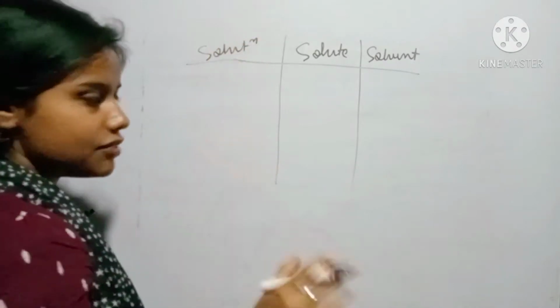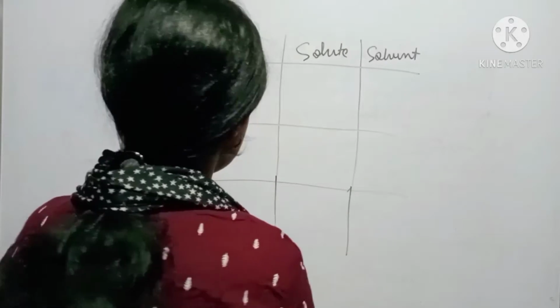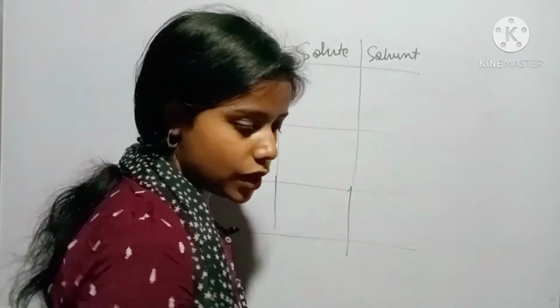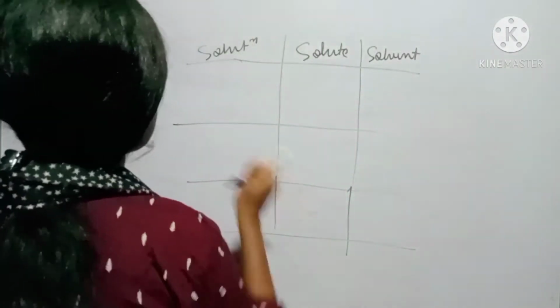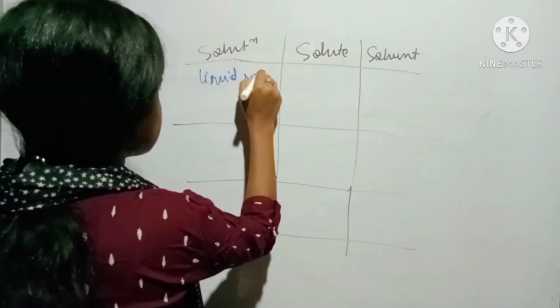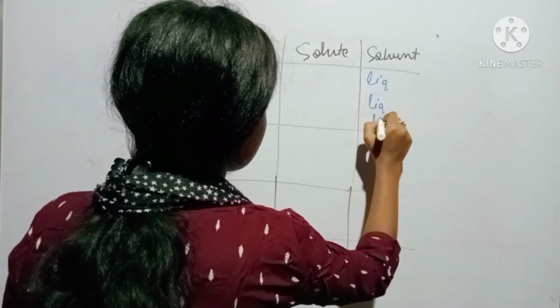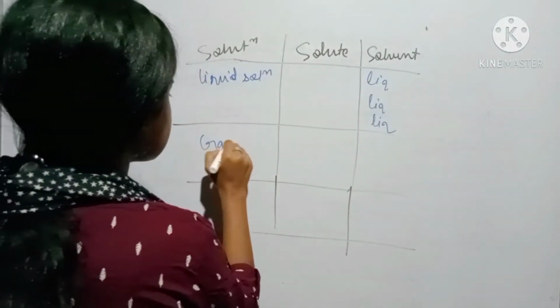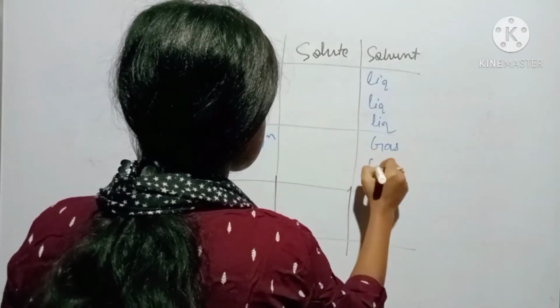Okay, I already provided the table, but I just want you to know, just for understanding, that if the solution is a liquid solution, then mostly their solvents are liquid. If the solution is a gas solution, then mostly their solvents are gas.